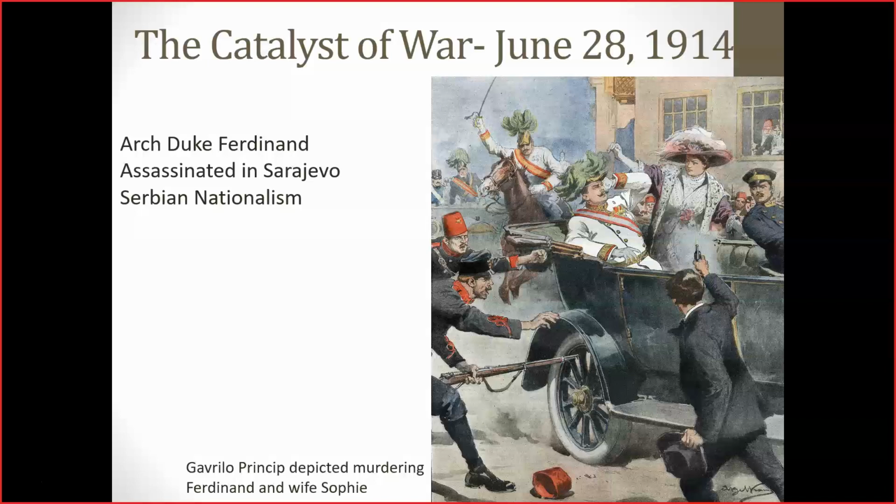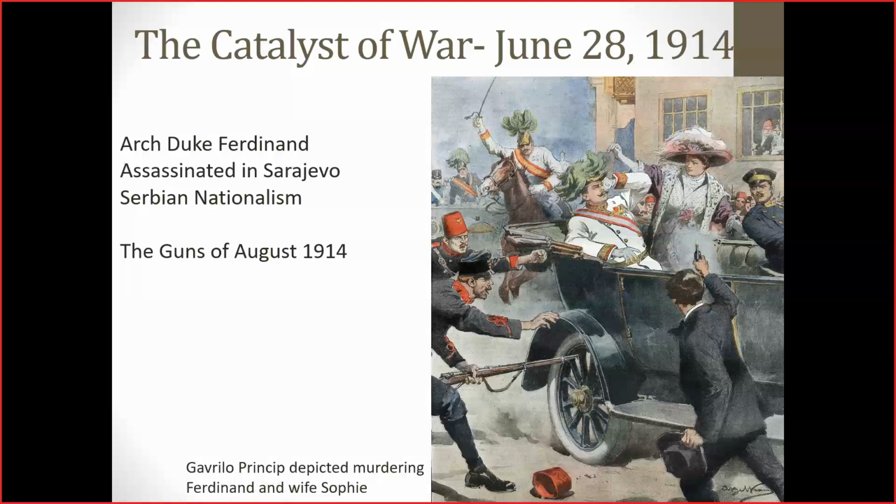At this time, Sarajevo was a part of the Austro-Hungarian Empire, and there was a group known as the Black Hand, and they recruited a young, impressionable individual named Gavrilo Princip, who is pictured here, to assassinate the heir to the Austro-Hungarian throne, Archduke Franz Ferdinand.